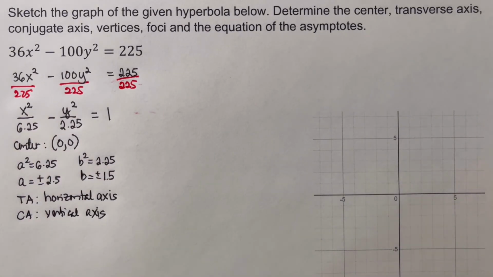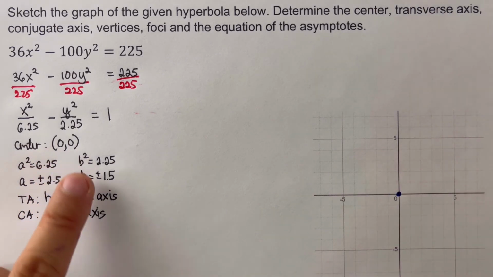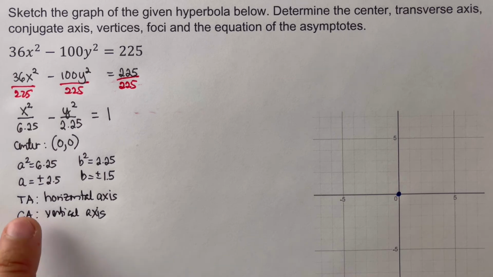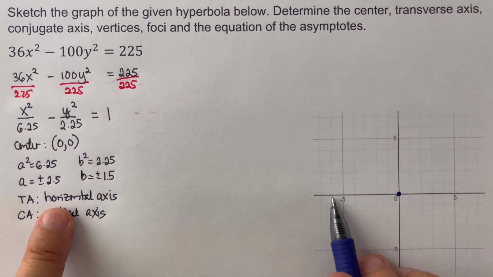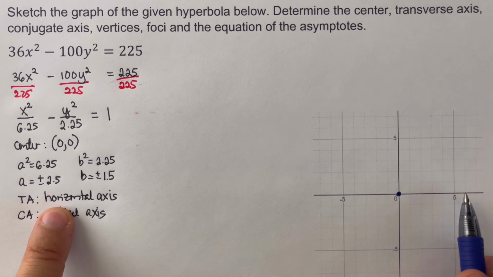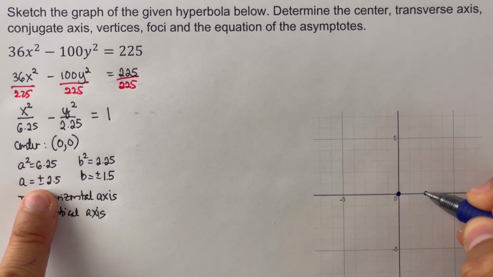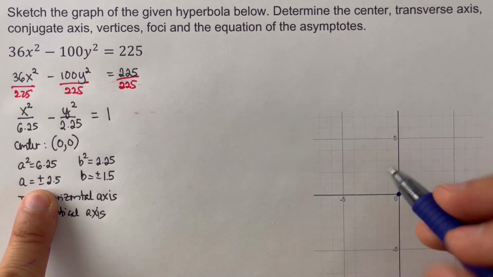Okay, so then we are ready to sketch the graph. Again, our center is at (0, 0), so I put the center right there. Our transverse axis is the horizontal axis, and on this axis is where our vertices sit, 2.5 units away from the center. So that's 1, 2, 2.5, and then we also have 1, 2, 2.5.